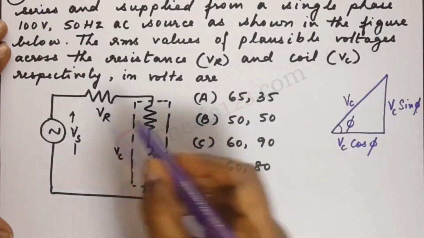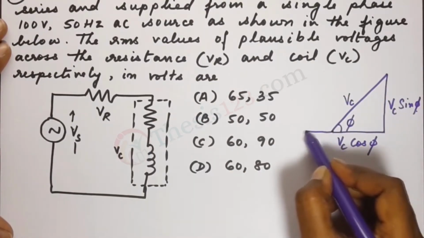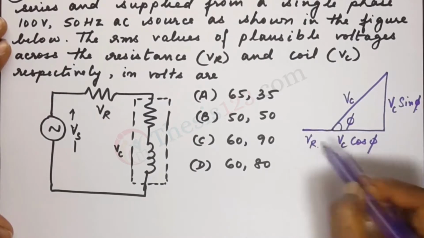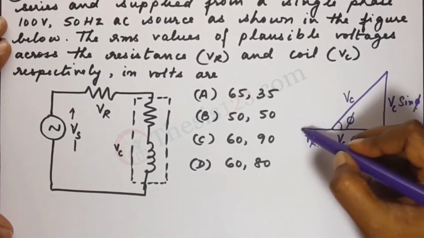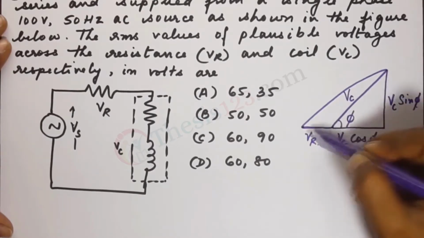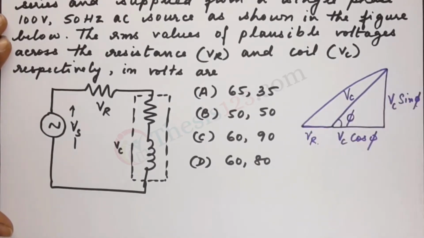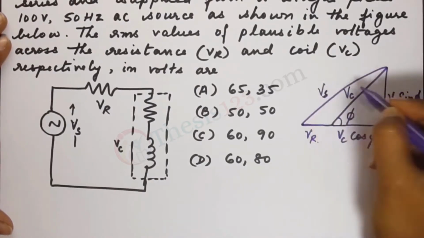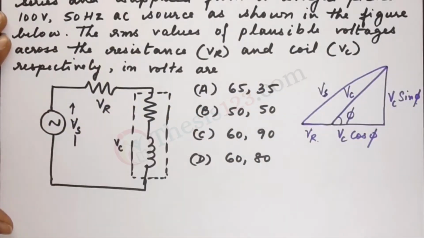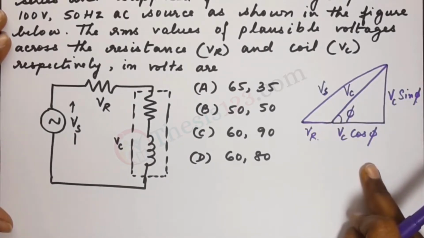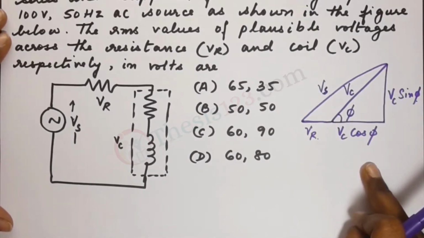So VR, we know that the phasor of VR is always in phase, so we draw this line here, which is VR, and the resultant from VR to the point at the very end is supposed to be a straight line, so this would be the source Vs. Now, based on this, we can write down an equation.